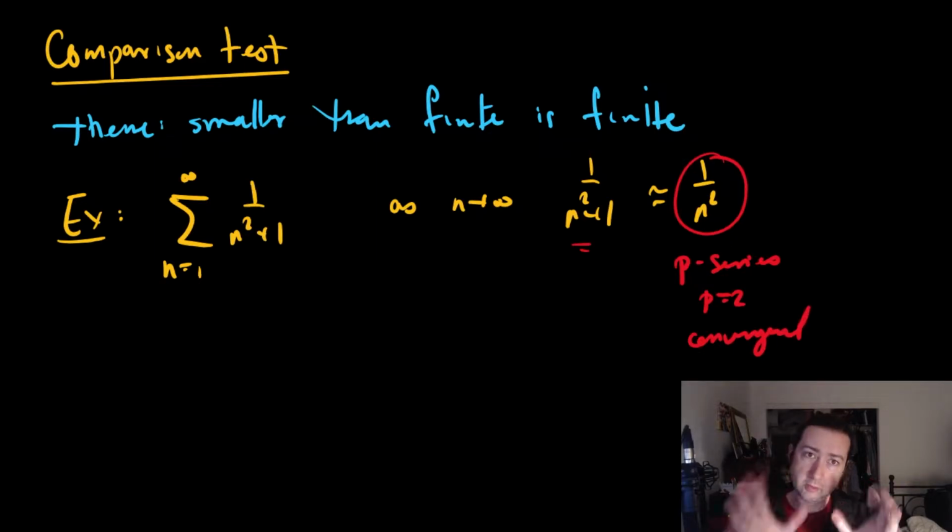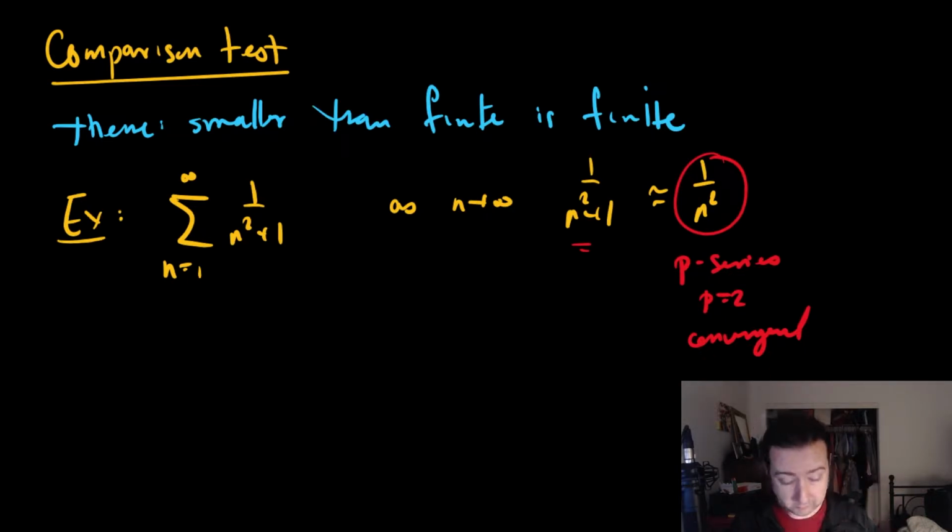And so because the long-term behavior of the series we're interested in is like the long-term behavior of a series we know about, we suspect that the behavior should be the same. So this is what the comparison test is supposed to get us.